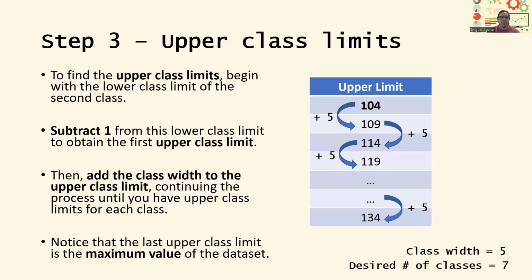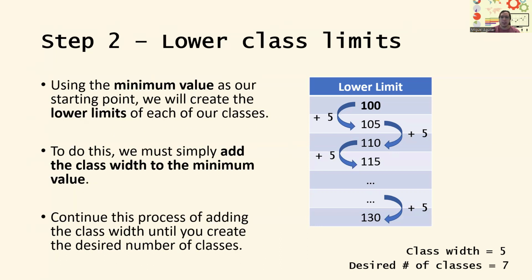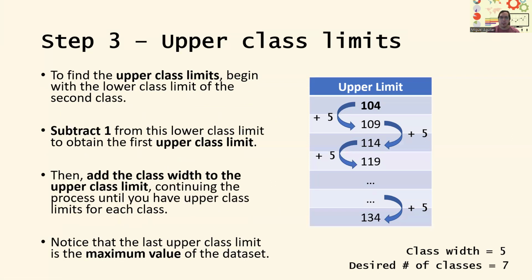Okay. The third step is going to be to find the upper class limits. So to find the upper class limits, we need to begin with the lower class limit of the second class. Okay, so let me back up. The second class that we created here had this lower limit of 105. To create the first upper class limit, all we need to do is take that 105 and subtract 1.